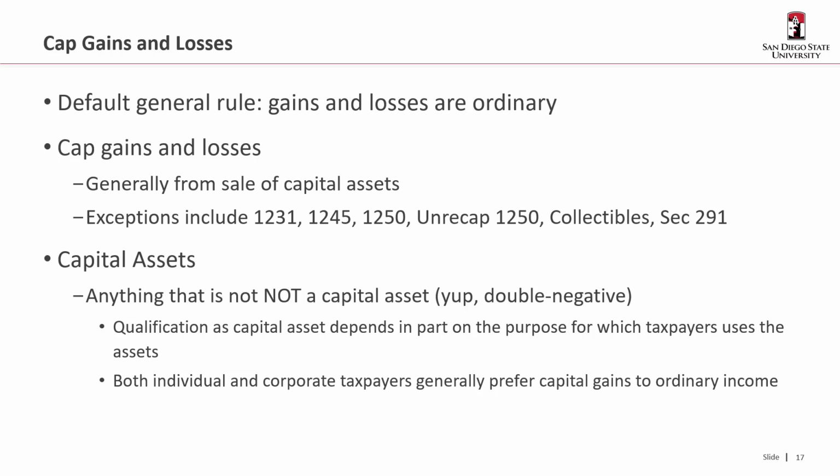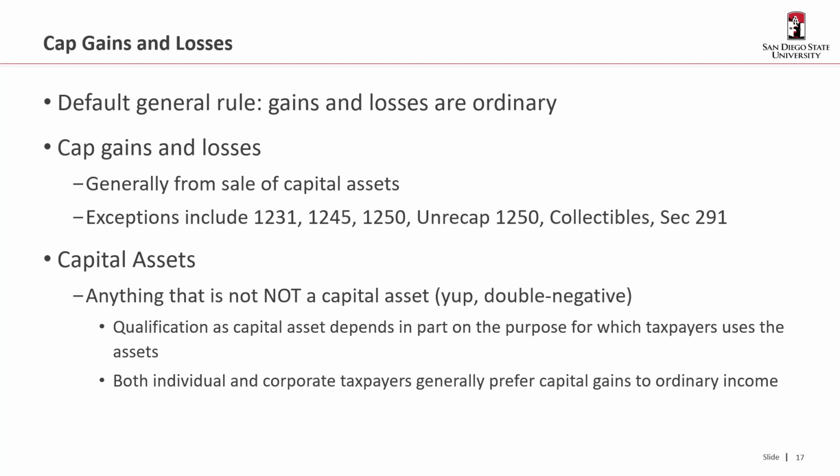Okay, so if generally they come from the sale of capital assets, then what is a capital asset becomes an important definition. However, the tax code has decided that they are not going to define what is a capital asset. Instead, they're going to define what is not a capital asset. So anything that is not a capital asset by default is a capital asset.